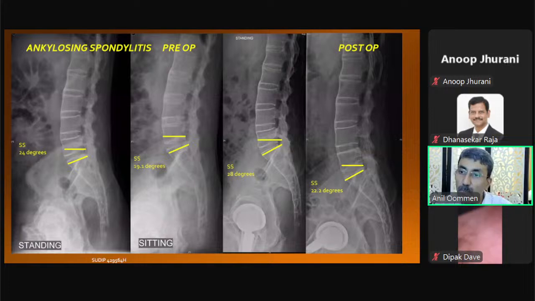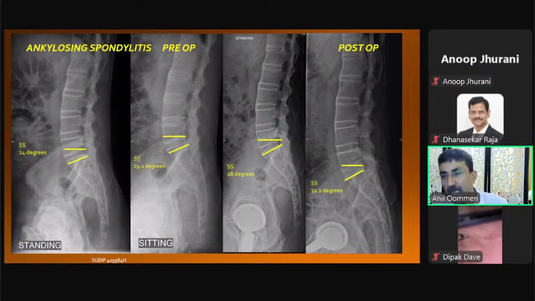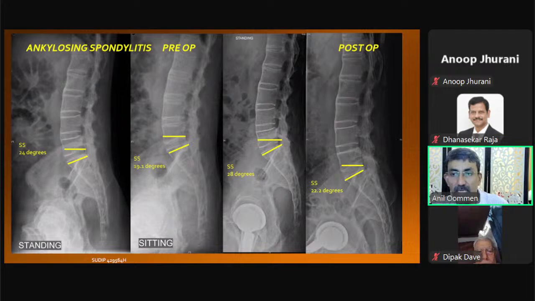Now look at him post-op when he comes for a follow-up. From sitting to standing, again, the change in sacral slope is very negligible, which means that the sacral slope has been 30 degrees or less in both sitting and standing, both pre-op and post-op.